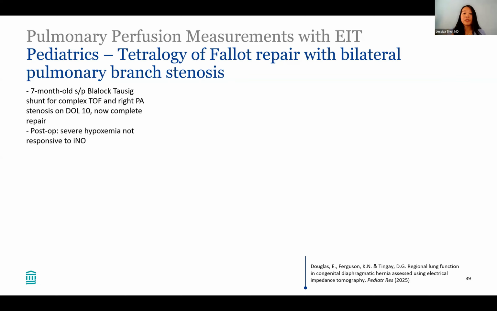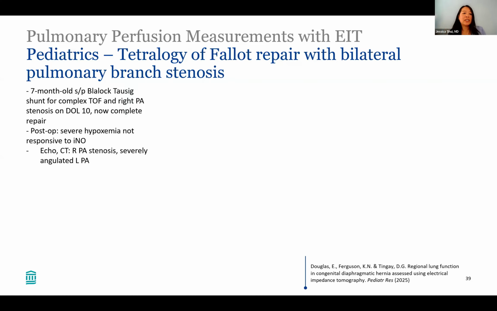But post-operatively, they saw that he had severe hypoxemia. He was not responsive to iNO, and there's concern: is this related to inadequate pulmonary perfusion from this stenosis of the pulmonary arteries, and were they not adequately patent? The tools that we typically have at the bedside include an echocardiogram.